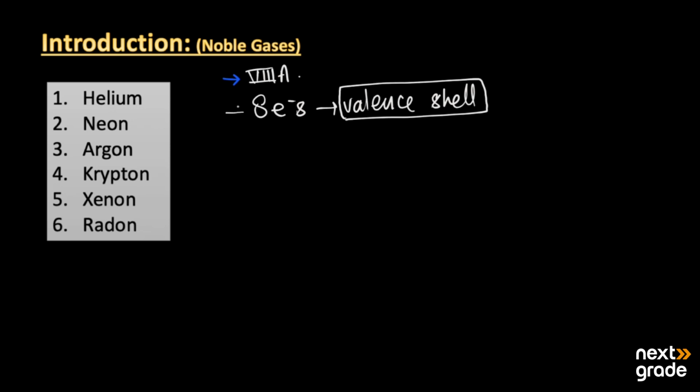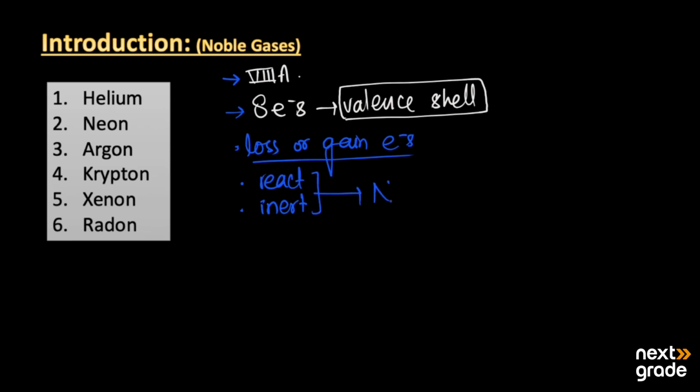As they have 8 electrons in their valence shell, they do not need to lose or gain electrons. So that's why they do not react. And when they do not react, it means they are chemically inert substances. And for this inertness, they are called noble gases.